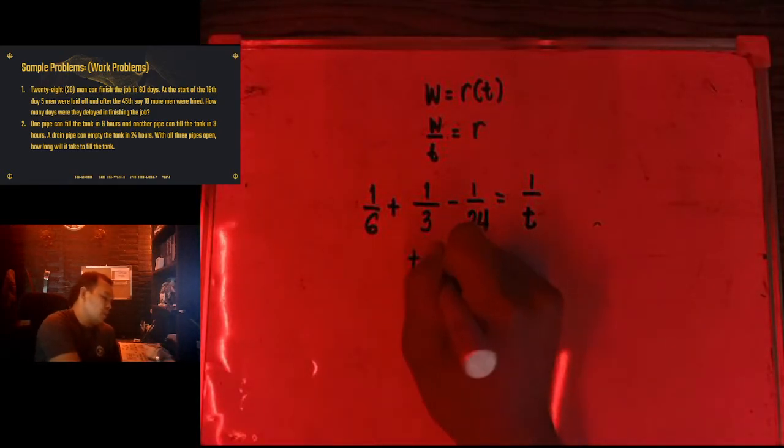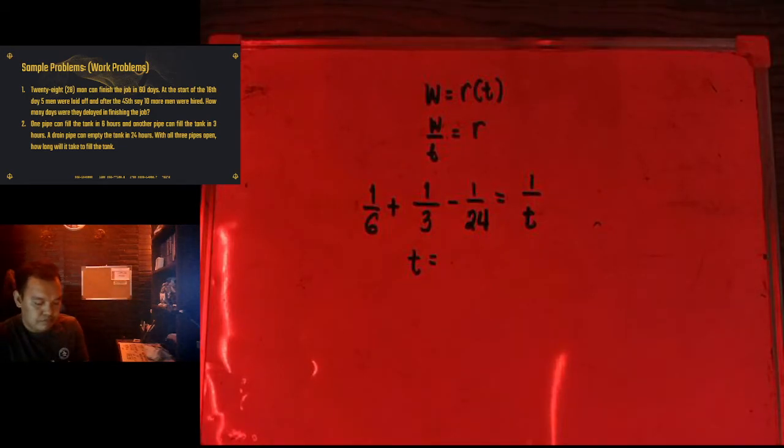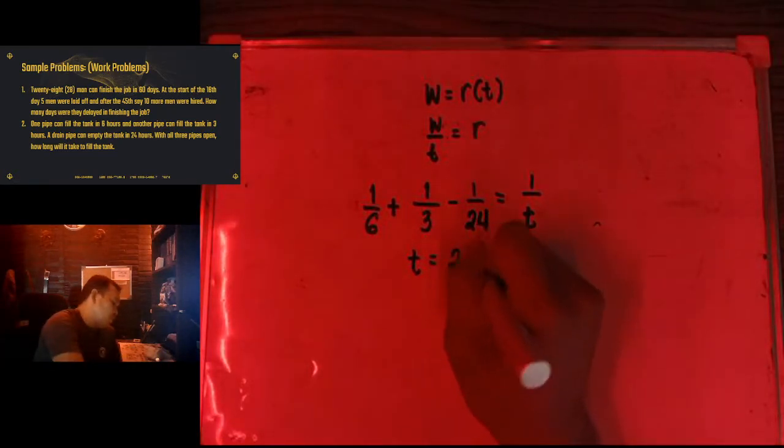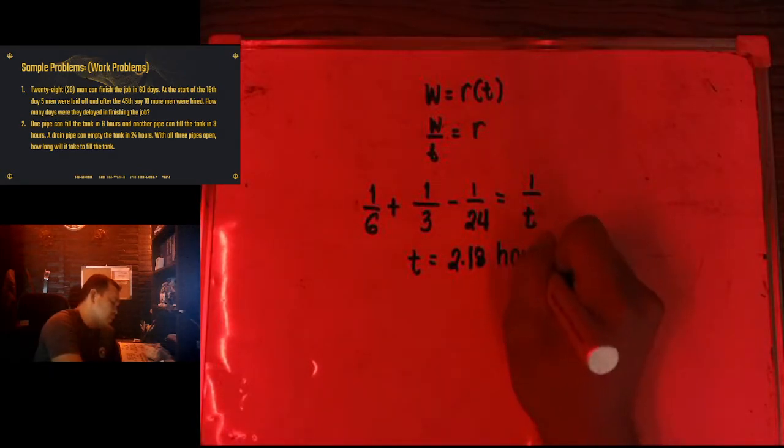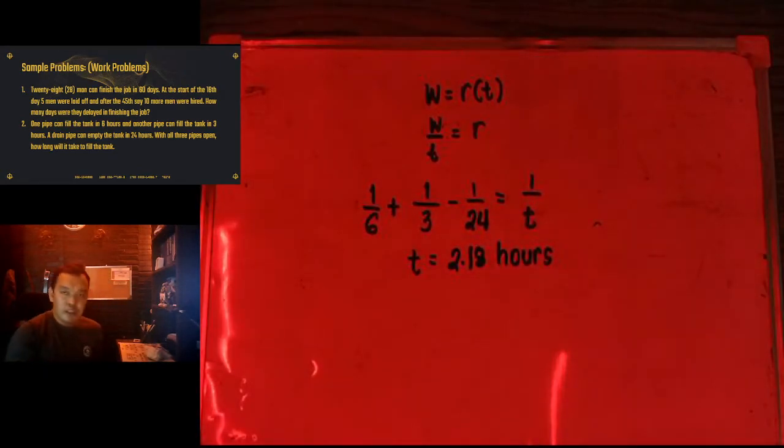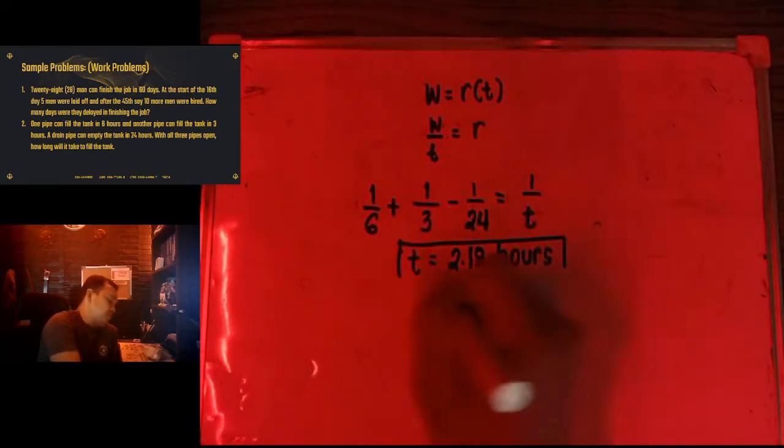So, time is equivalent kay 1 over 6 plus 1 over 3 plus minus 1 over 24 equals 1 over T. So, T is equivalent kay 2.18 hours. So within 2.18 hours mafi-fill nung pipe yung tangke, no? Okay.